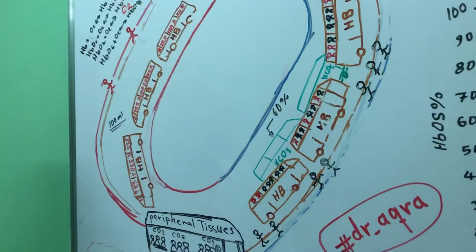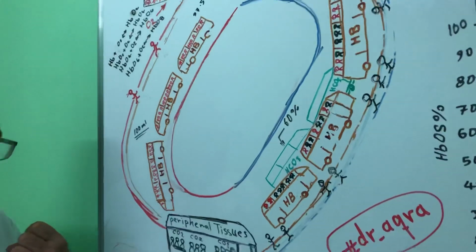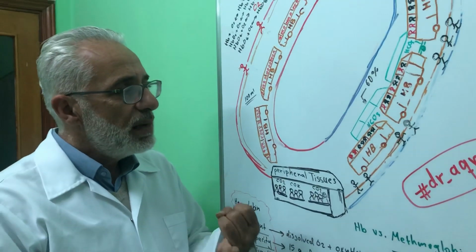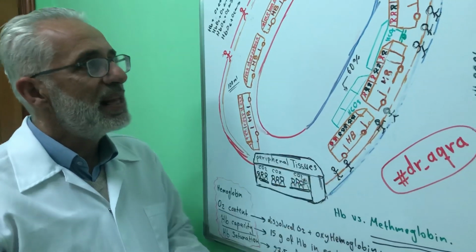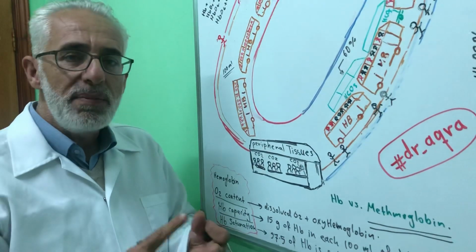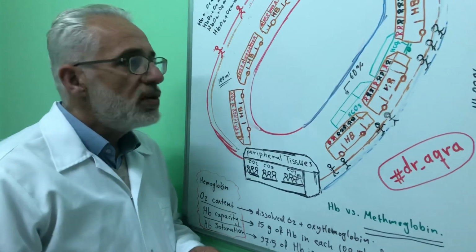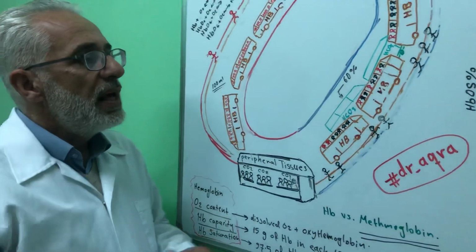So 60% of CO2 is transported as bicarbonate, 30% as carbaminohemoglobin, and 10% as dissolved CO2.